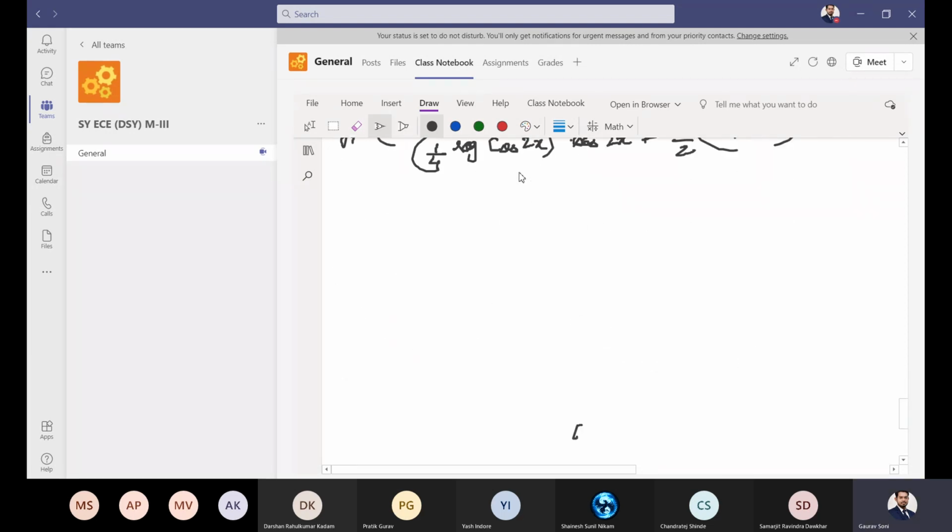I'll go to the next example, example number 2. Solve. Just a minute, this is not working properly. Not able to write it. Let's go to a regular method.